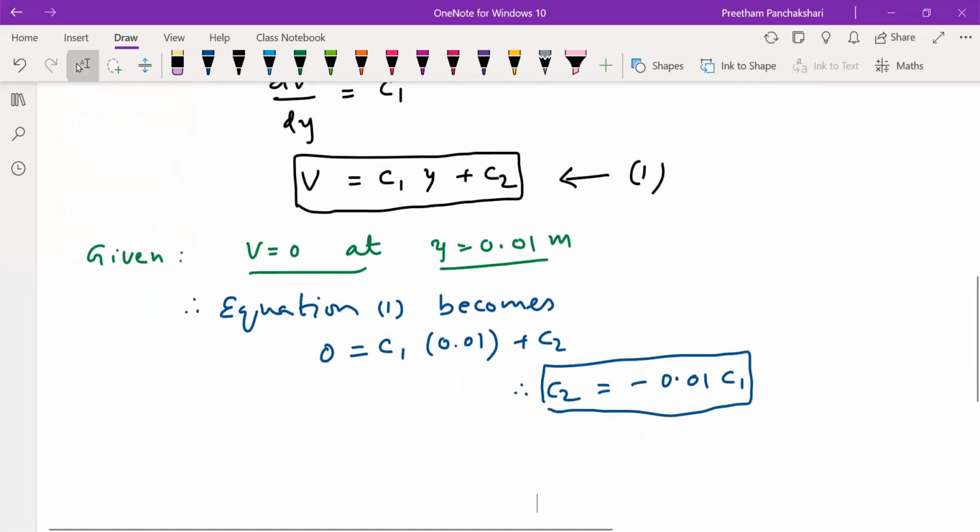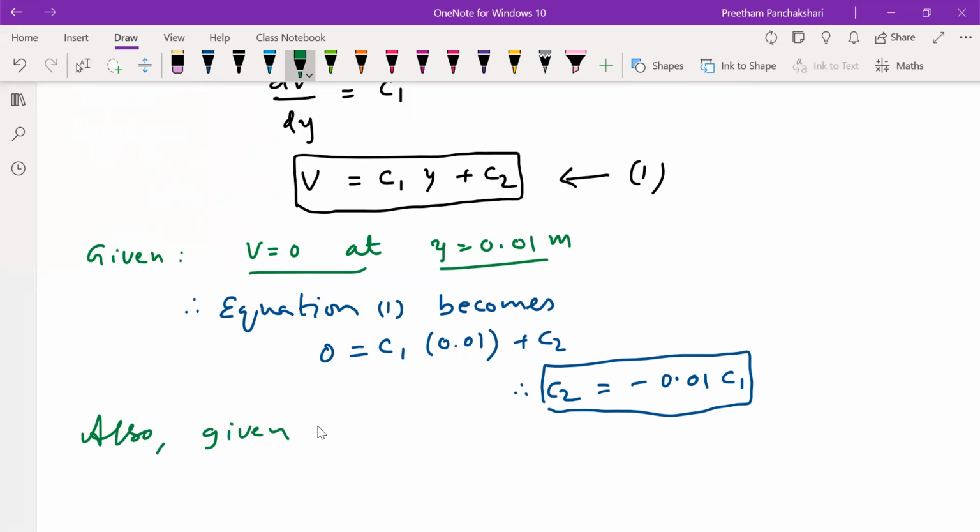Even though C2 is not completely calculated, some relation is obtained related to C2. Now we have to use another condition, that is D equal to 253 A cap Y nanocoulomb per meter square.